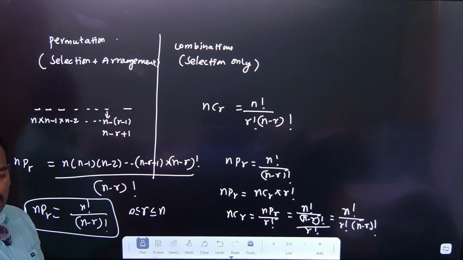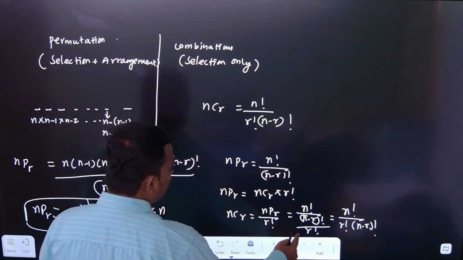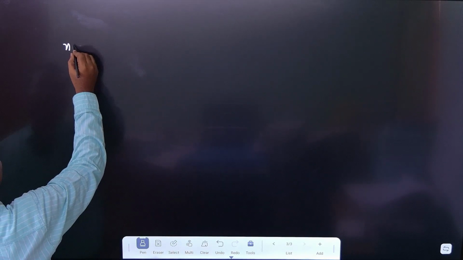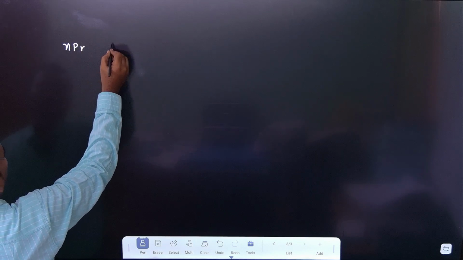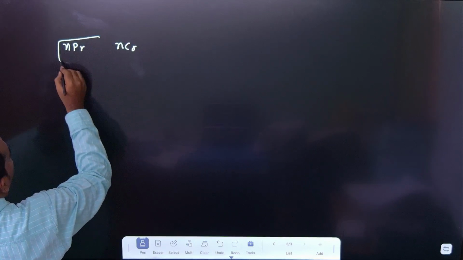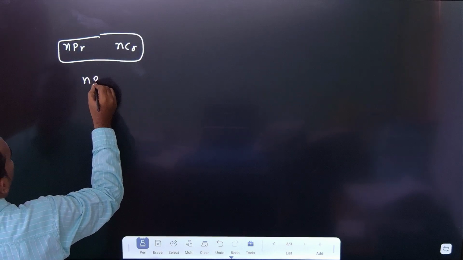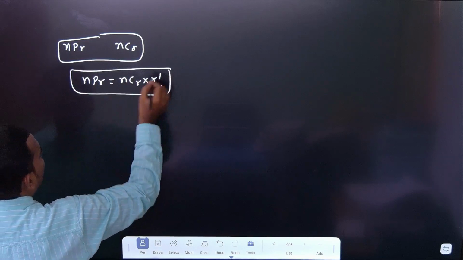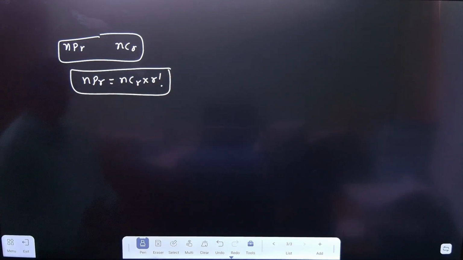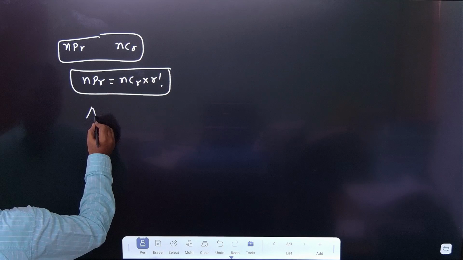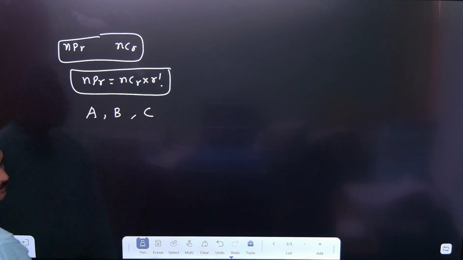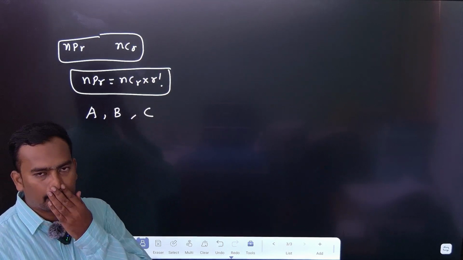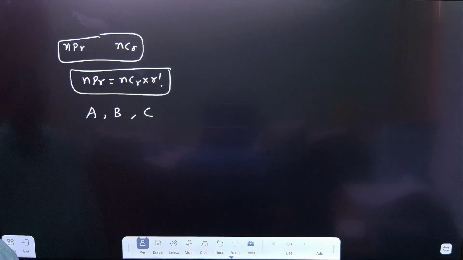Let us take one simple example, right? We have to understand the things very clearly. Okay. So let's take nPr and nCr. The relation we found: nPr is equal to nCr into r factorial. So how will this work? We can see through an example. Let us take A, B and C here. Take 3 letters.